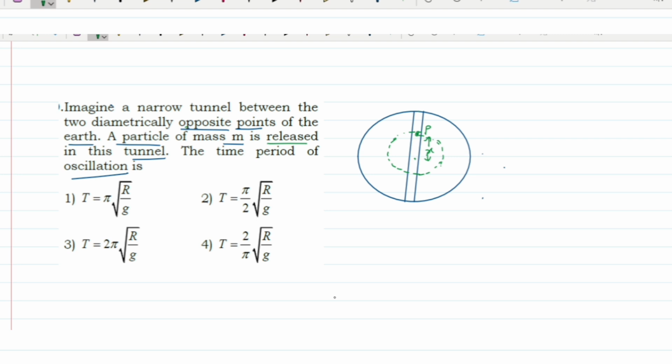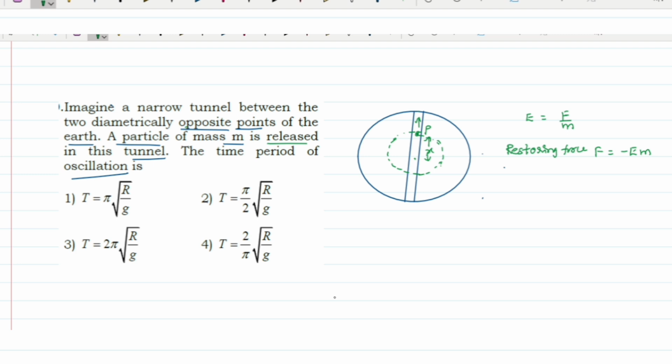Now, the moment it comes here, the restoring force is going to act along this direction. Before calculating the restoring force, you have to know the intensity of the gravitational field, which is the force experienced by unit mass. This force is called the restoring force in this case. So the restoring force F equals minus E into m, in the opposite direction to the displacement of the particle.